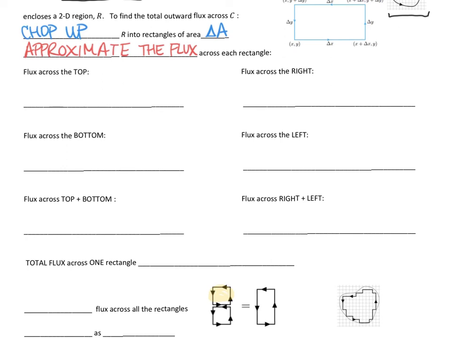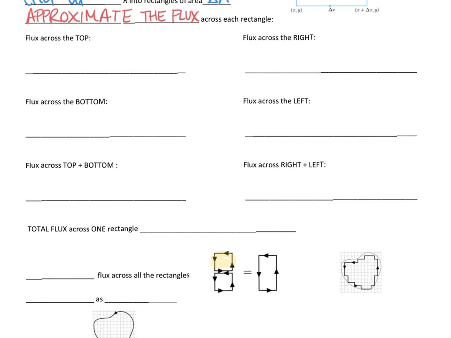Once we've found what that flux is, we're going to add the flux across that rectangle with the flux across the rectangle right below it. And notice, because I'm really thinking of flux outward, the normal vector for this top curve will always be pointing to the right, which means the normal vector for my bottom curve is going to be pointing to the right of where I'm going.